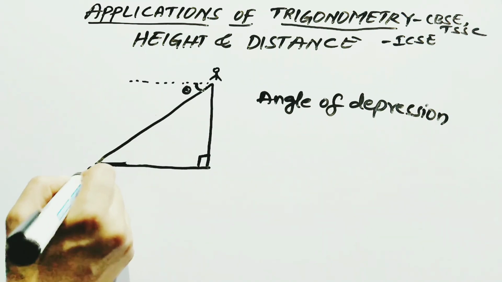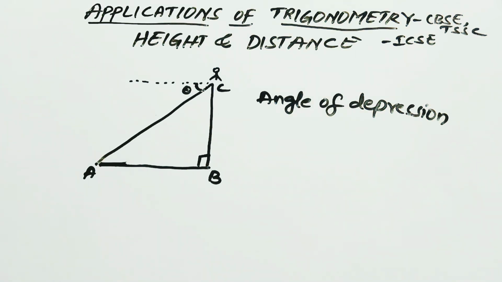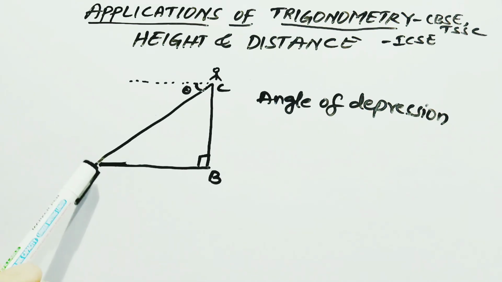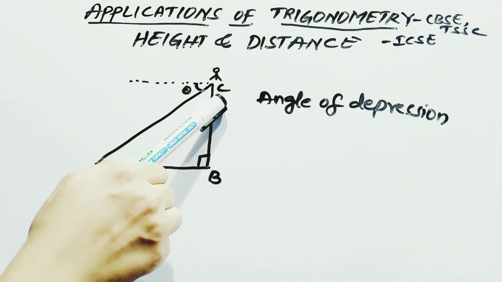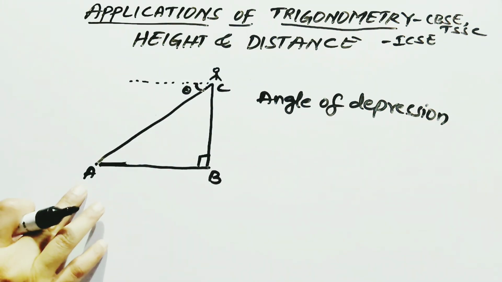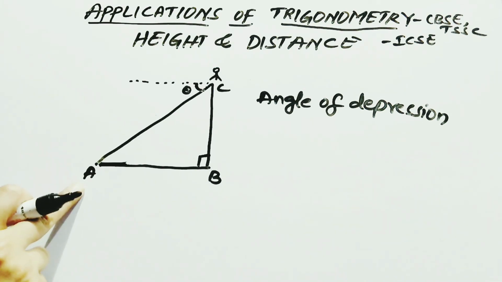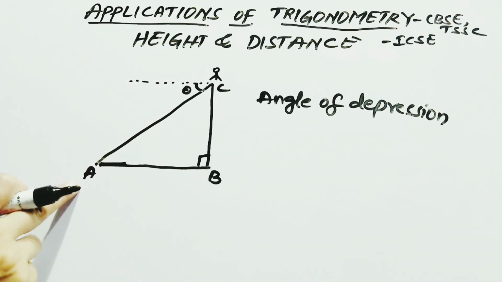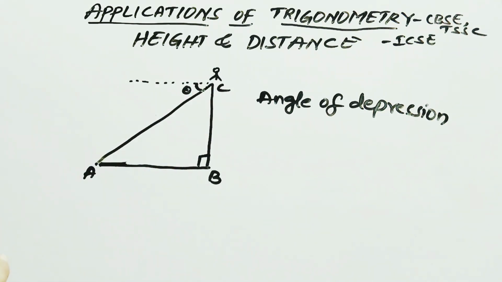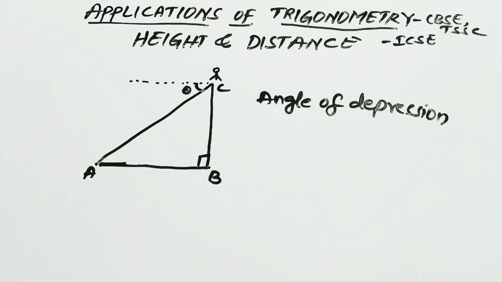Suppose take this as A, B and C. Angle of depression of A with respect to C, and A is responsible for the observer to see. A is responsible because the observer is seeing the bottom level, meaning A. A is responsible for making the observer see.